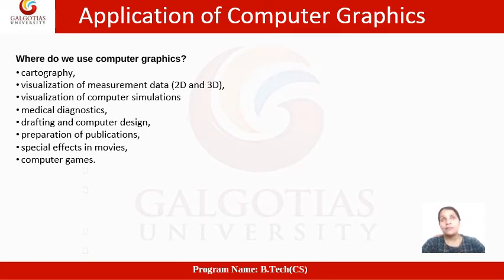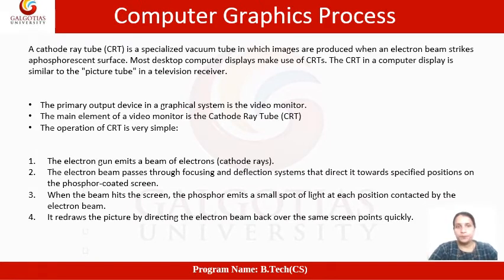So that can be easy to understand. Drafting or computer design, preparation of publications, special effects in movies, 3D effects, 2D effects, or now 4D is also introduced. And computer games are there. So these all are the applications of the computer graphics.